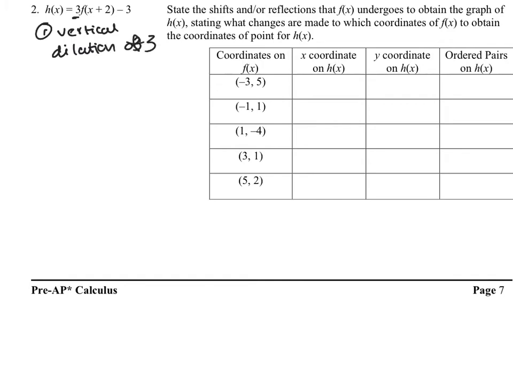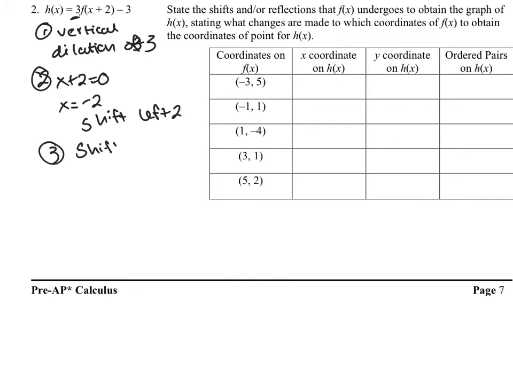That lead coefficient is 3, so that means we have a vertical dilation of 3, which means we're going to multiply our y values by 3, and you'll see that here in just a second. All right, part 2, now we're going to work on the inside. We have x plus 2 is equal to 0. Solve for x is negative 2, so we have to shift left 2, and then last one we have a minus 3, so we're going to shift down 3, okay?